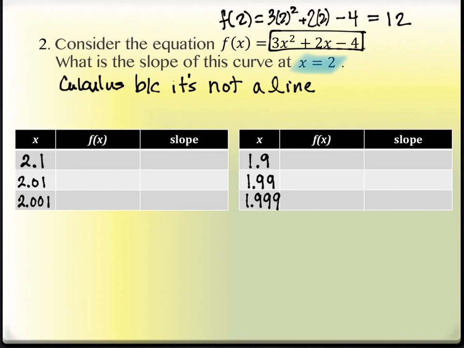If you hit second window, you've got a screen that says table setup. Does everybody see that who has those kinds of calculators with them today? The first one says independent, auto or ask, and the second says dependent, auto or ask. The first one should say ask, and the second one should say auto.